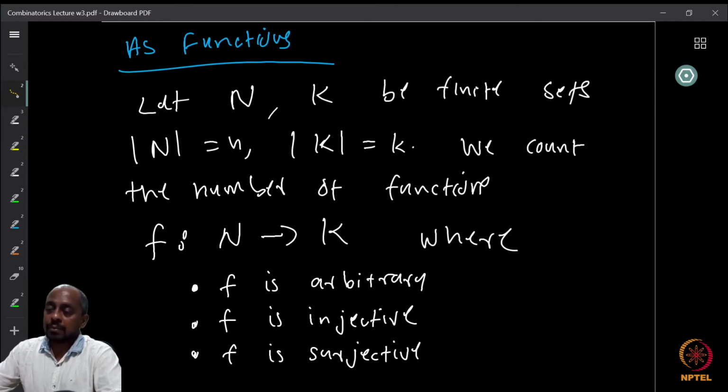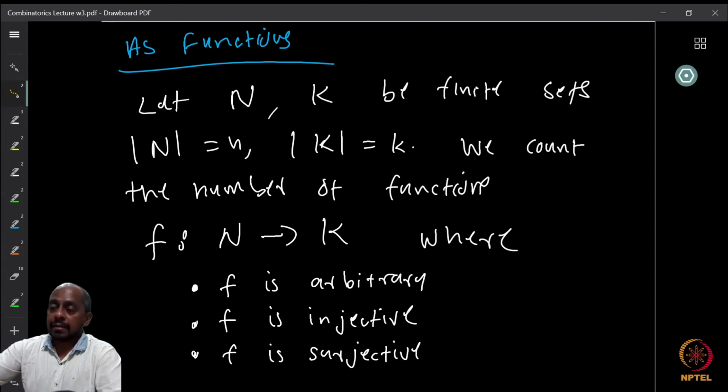Now we want to count the number of functions, let's say f, that map from the set N to set K, where the first case is that f is arbitrary, right? f can be any function. Then we say that we insist that f must be an injective function. Then you say that f must be a surjective function.